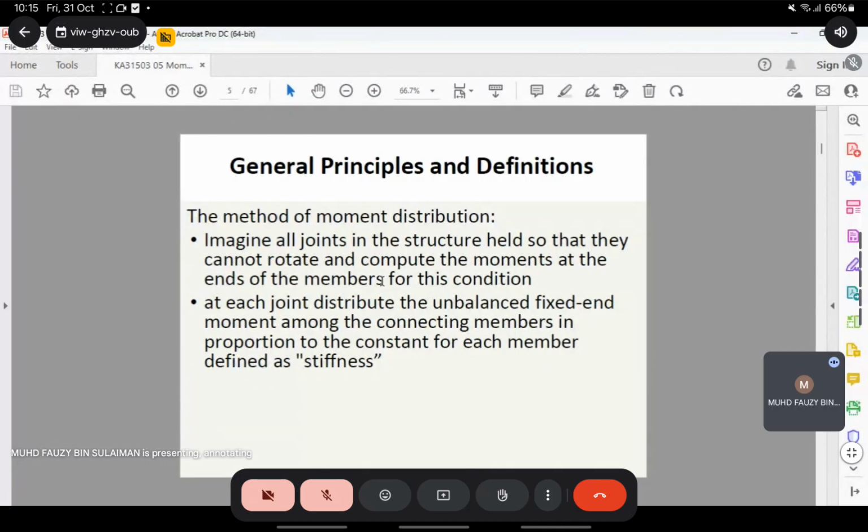If your connection is not fixed support, you cannot use this method, because it is designed for RC. Then each joint distributes the unbalanced fixed end moment among the connecting members in proportion to a constant for each member, defined as stiffness. This is the definition of stiffness.